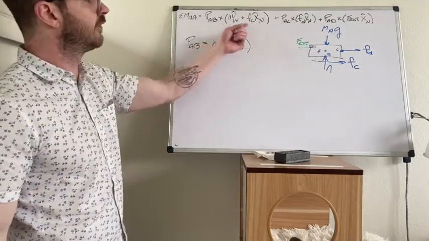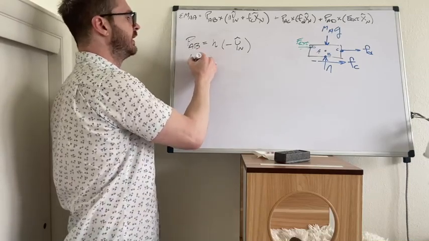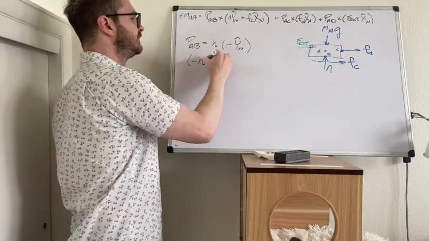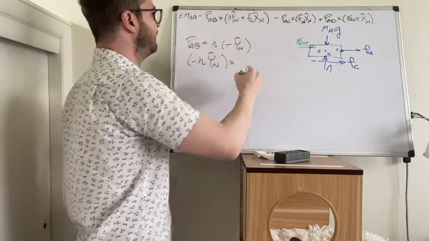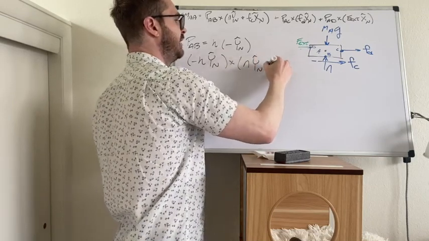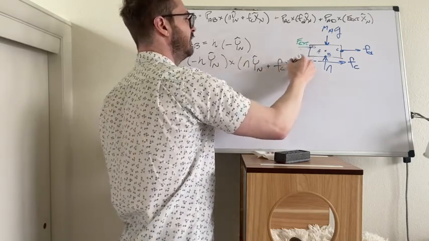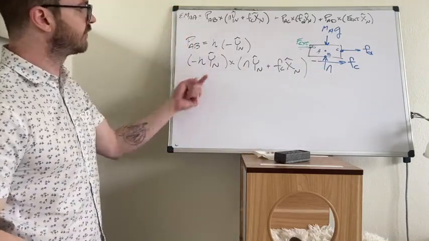And then we have here the forces. So what are we doing? We're going to say negative H y hat n cross, and I'm just going to bring these down. So it is cross the normal force in the y hat n plus Fc in the x hat n, right? Here's the cross product.